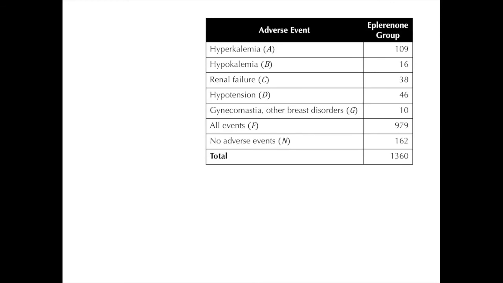Now, let's say we would like to determine the marginal probability of a patient randomly selected from the total as being a member of the eplerenone group. One approach in determining it is by computing for the individual joint probabilities for each category or outcome under the column heading Adverse Event, which is as follows.